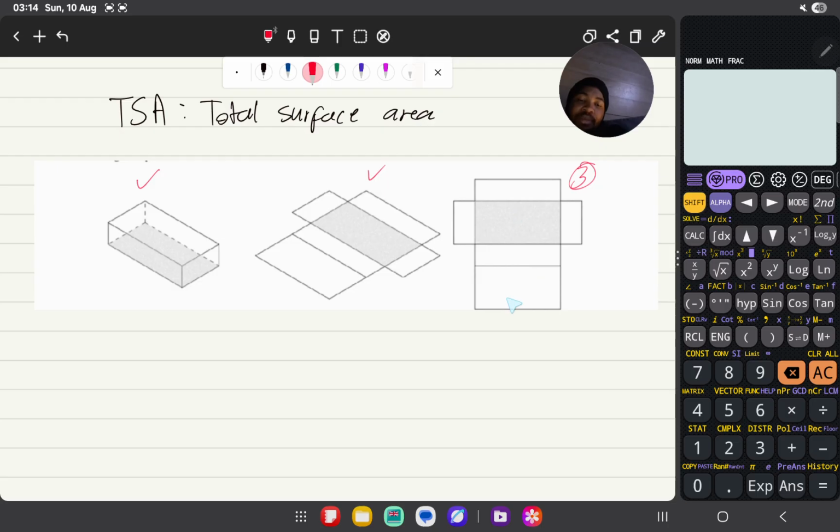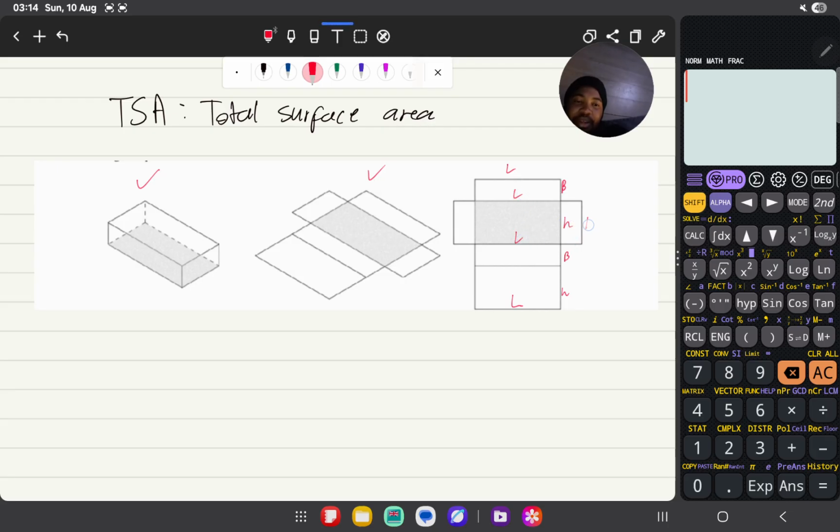And then from drawing something like this, you know that you have, for example, length, or should I say height or breadth? This is length, maybe height, maybe breadth, breadth, length, length, length.